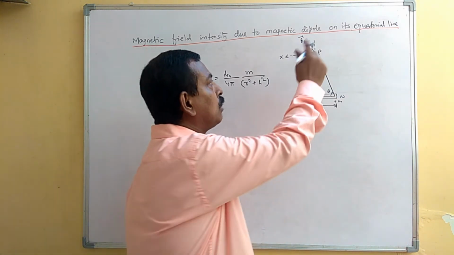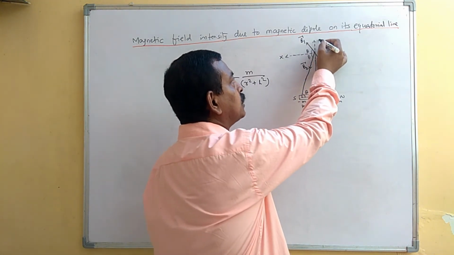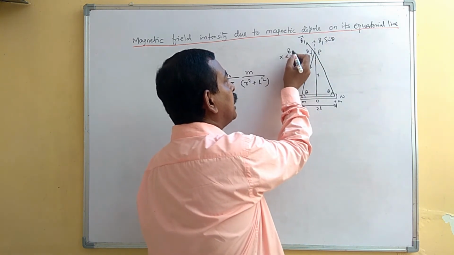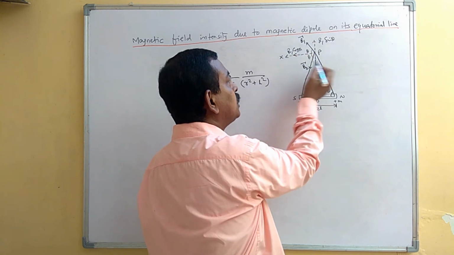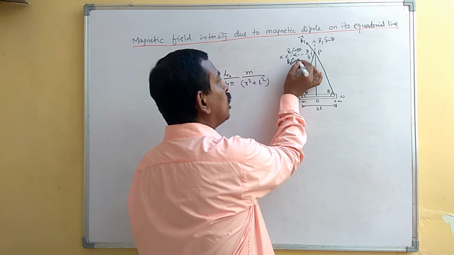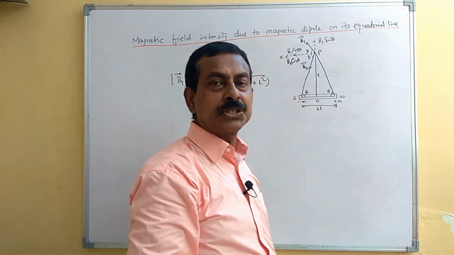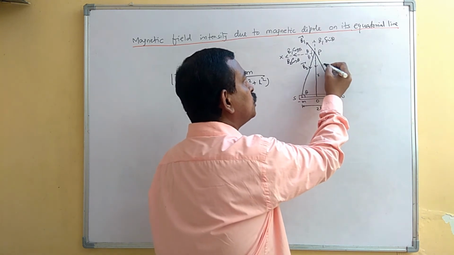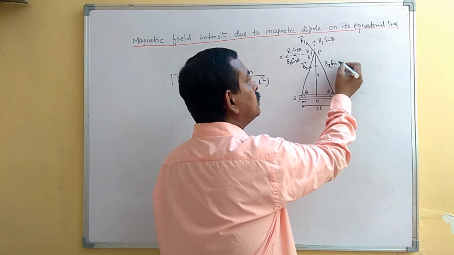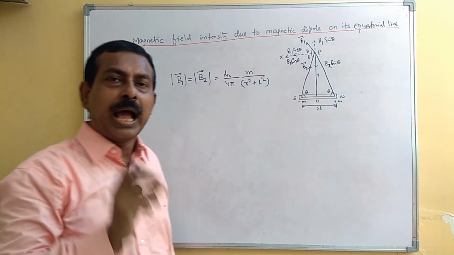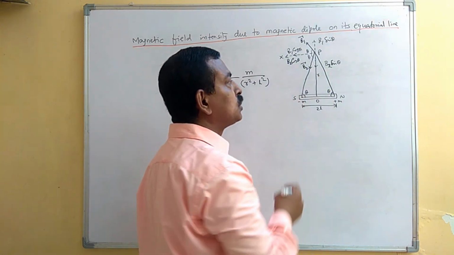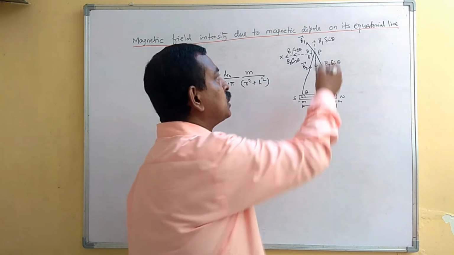Now if I resolve B1 and B2, I will get the components as B1 sin theta and B1 cos theta, along and perpendicular to the equatorial line. Similarly for B2, we get B2 cos theta perpendicular to the equatorial line, and along the equatorial line it is B1 sin theta or B2 sin theta. As B1 and B2 are equal in magnitude and B1 sin theta and B2 sin theta are in opposite directions, they will cancel one another.